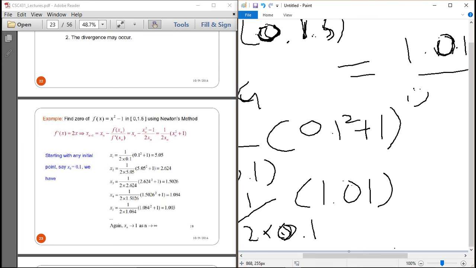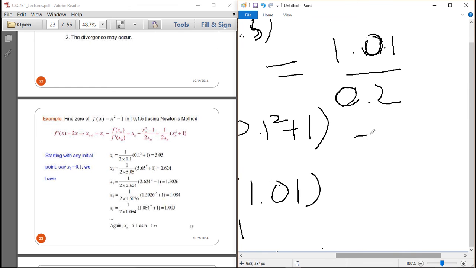So working with that, 1.01 divided by 0.2 gives us 5.05. So now we have our value for x1.